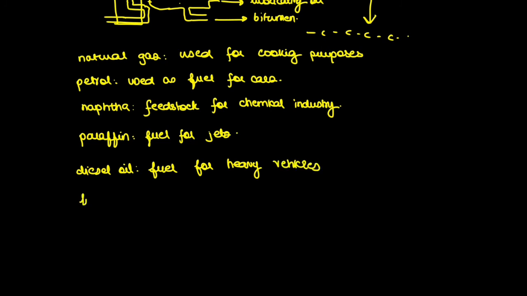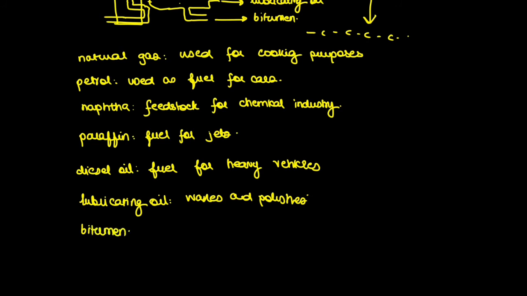Lubricating oil, as the name suggests, is used for lubrication, waxes and polishes. And finally, bitumen. Now, bitumen has no particular use.